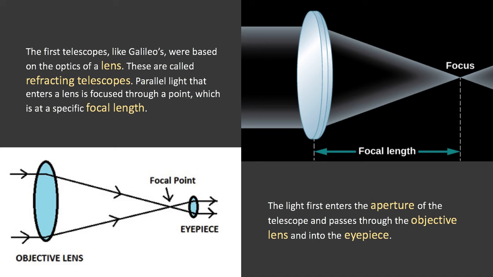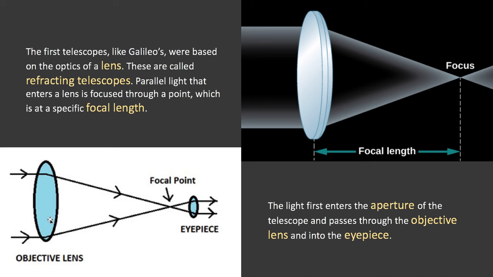And that focus point or focal point is a certain distance away from the lens called the focal length. And that focal length determines essentially how powerful the lens is. If you have a really, really long focal length, that means the lens is not curved very much. And if you have a short focal length, the lens must be curved a lot in order to bend the light really close to the lens.